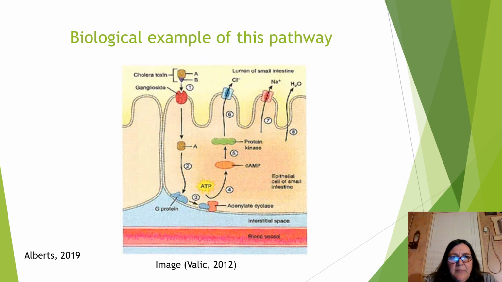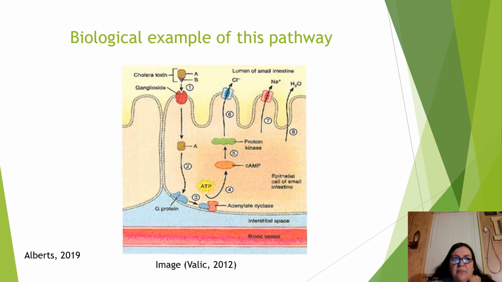Cholera is a bacterium that enters the intestinal tract of humans and causes severe dehydration and diarrhea. How this happens is the bacteria, once it gets inside the gut, will produce a toxin called the cholera toxin. This toxin alters the alpha subunit of the G protein in the lining of the intestines.